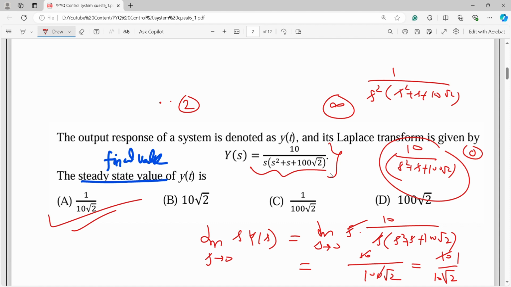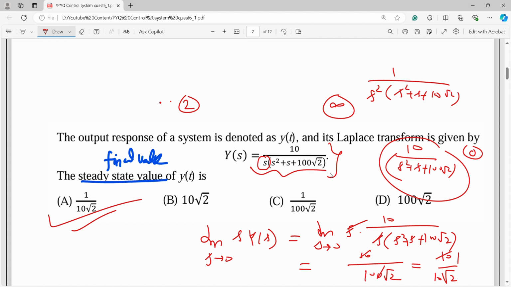It means all poles should be in the left half plane. Okay, and in case of a pole at the origin, this is not a problem, because if there is no pole, then we'll get the 0 final value. Okay, if one pole is there, then we get a finite final value. And if there are repeated poles at the origin, then we get an infinite final value.